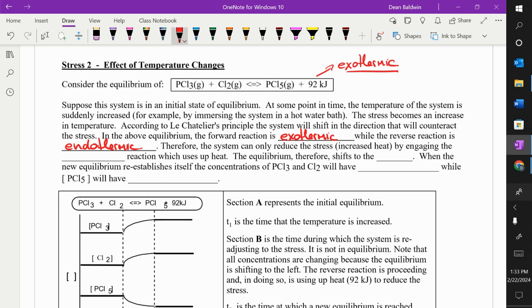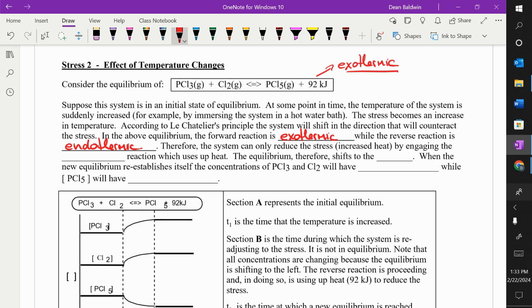Which way will it shift to counteract that increase in temperature? Well, to the right, heat or energy is a product, right? So if I add more heat or energy, the system doesn't want that. So it's going to push back this way.